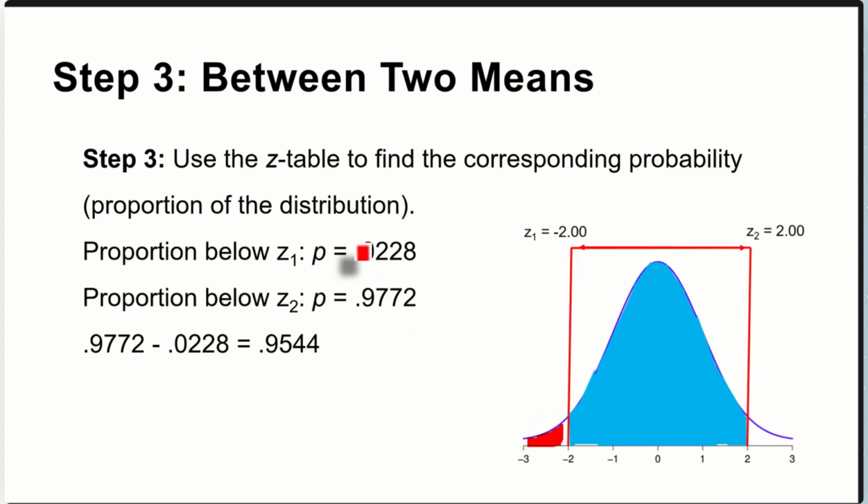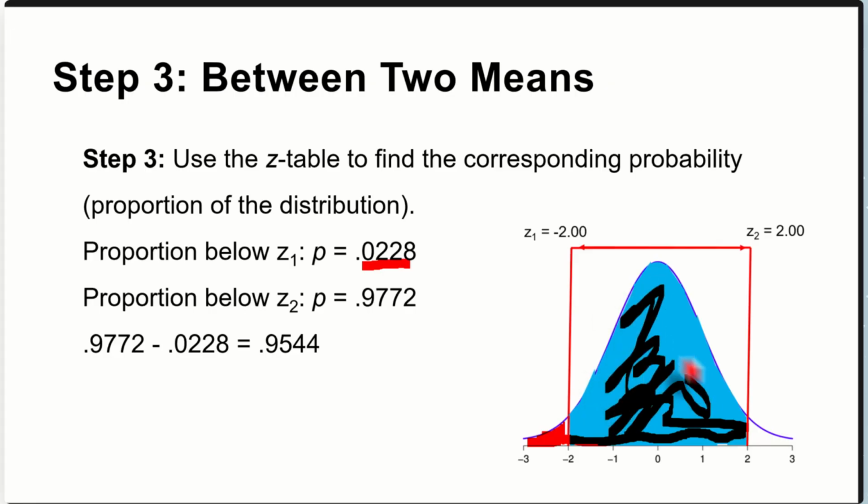That's that little tail right here. And then the proportion below z2 is everything from this z-score all the way over to the end. If you can imagine, we just shade all that in. And that's not really what we're interested in.